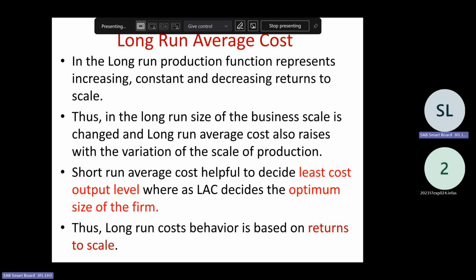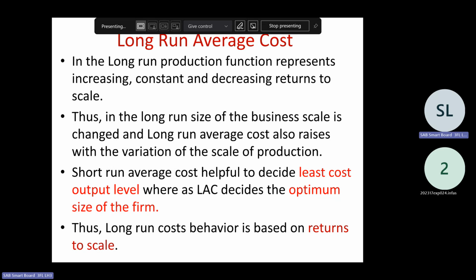The long run average cost is associated with the scale of the business. If the scale of the business is increased, the producer tries to increase the output level, which generates the returns to scale, which is changing the scale of the business.